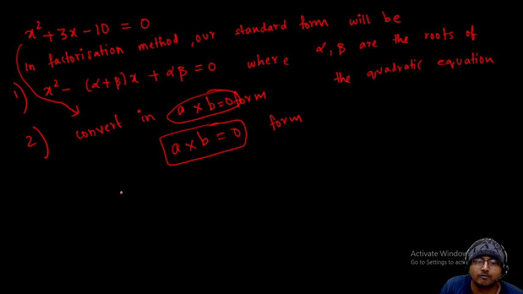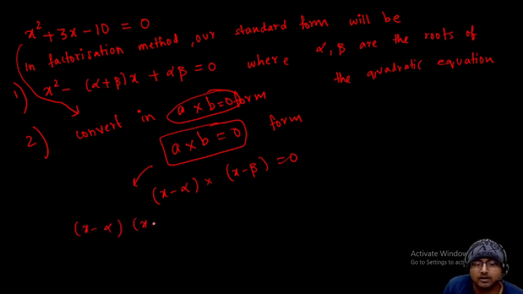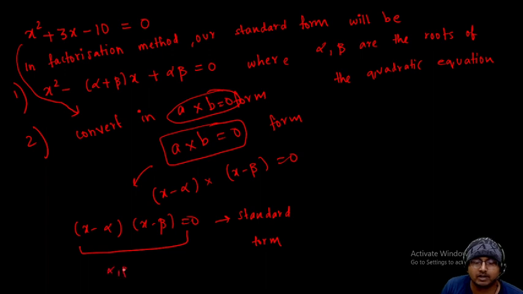Again, if you get into this form, what is our standard equation? x minus alpha into x minus beta is equal to 0. You already told this, right? So this is also our standard form, where you will get alpha comma beta. These are the roots of the equation. Okay, this is the factorization method.